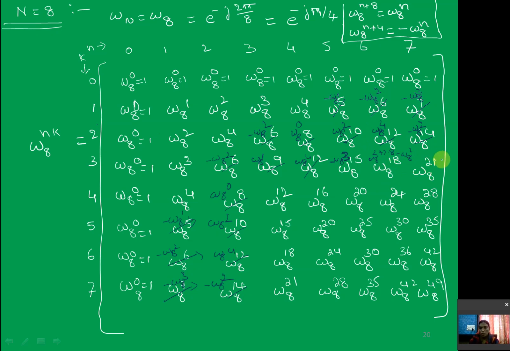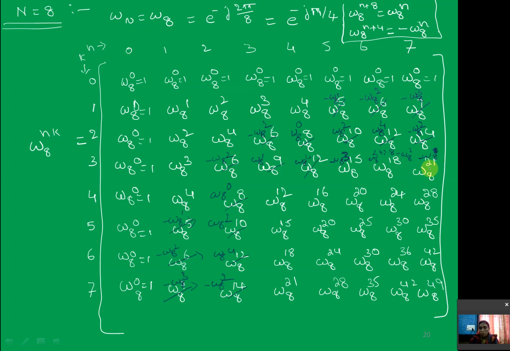Now, W8 power 21. 21 means W8 power 2 8s are 16, 16 plus 5. That means 5 plus 2 into 8, that means W8 power 5. What is W8 power 5? Minus W8 power 1.